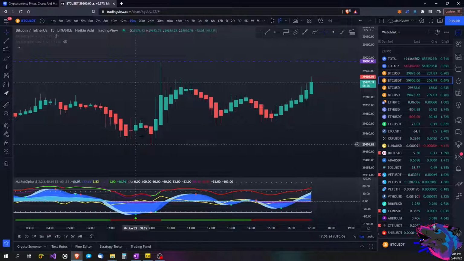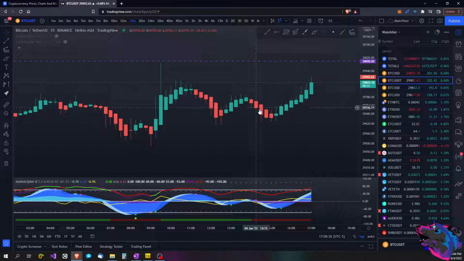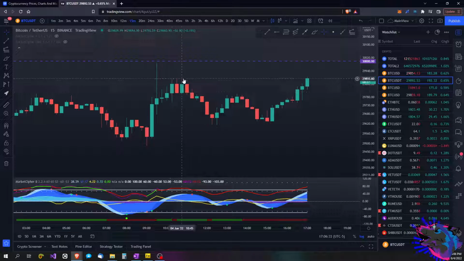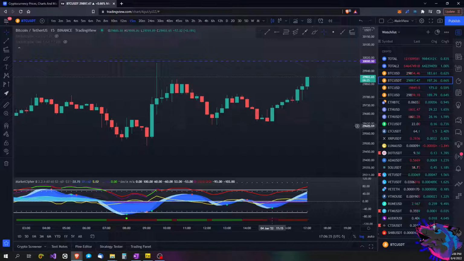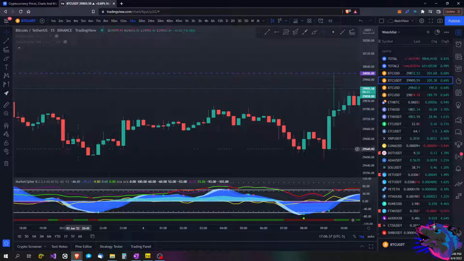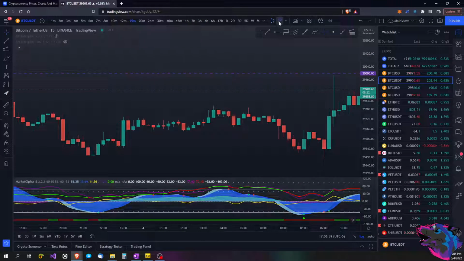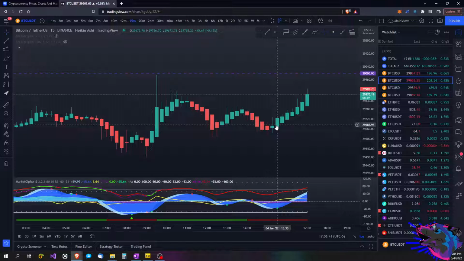You tend to see these little up and down trends a bit more steady rather than the back and forth, red, green, red, green, red, green that you get with the regular candles. And so why would you want to use that? Well, for starters, it simplifies what you're looking at.